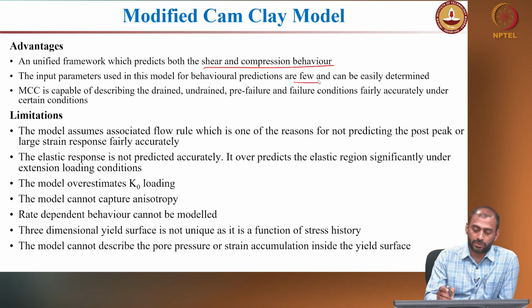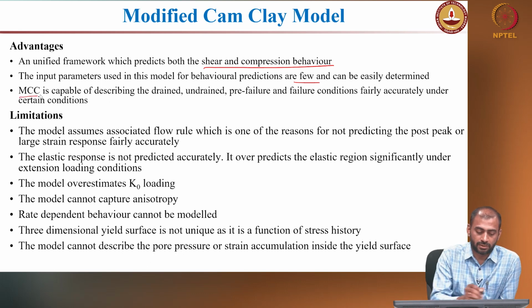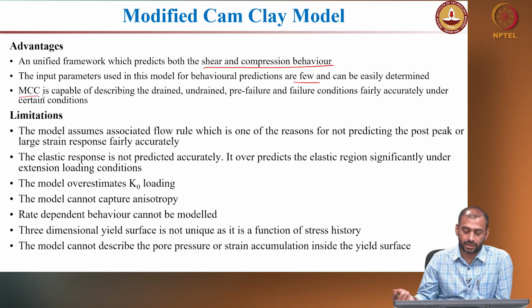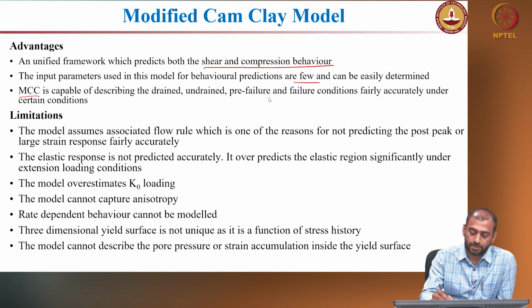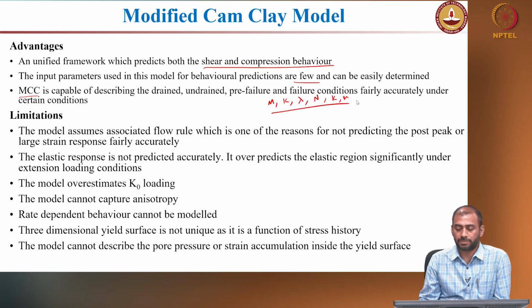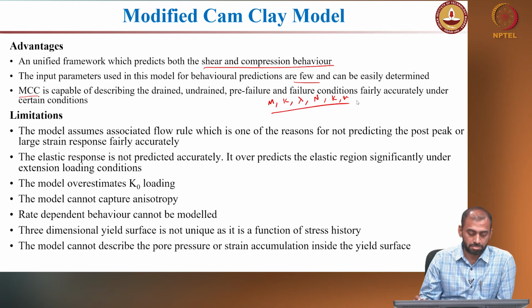However, this MCC model has a few number of parameters which we can obtain experimentally. You have m, you have kappa, you have lambda, you have n, and you also need to know the elastic parameters K and mu, right. If you know these parameters, you can actually model the material response.